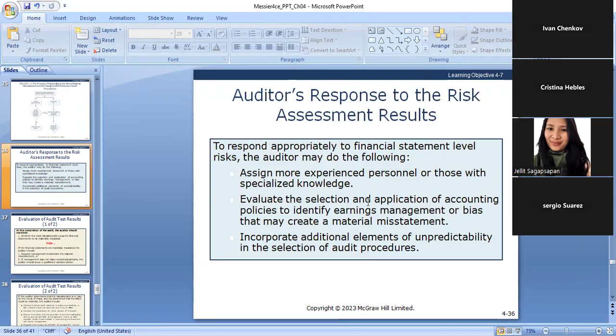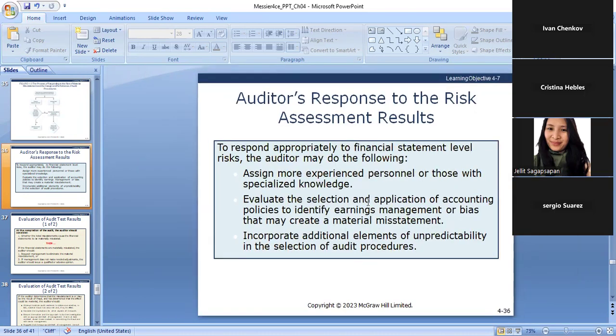Evaluate the selection and application of the accounting policy and incorporate an additional element of unpredictability in the selection of audit procedures. So basically, we try to be more creative in our selection of the detection audit procedures in order to reduce our detection risk.